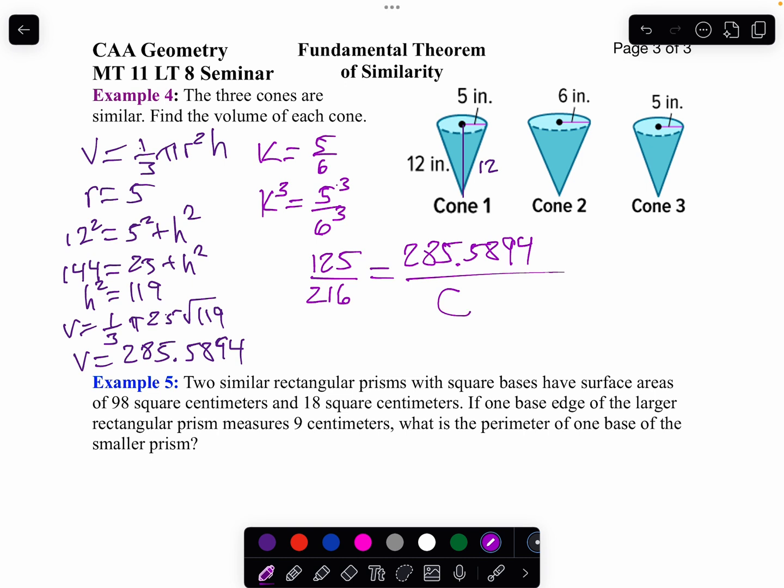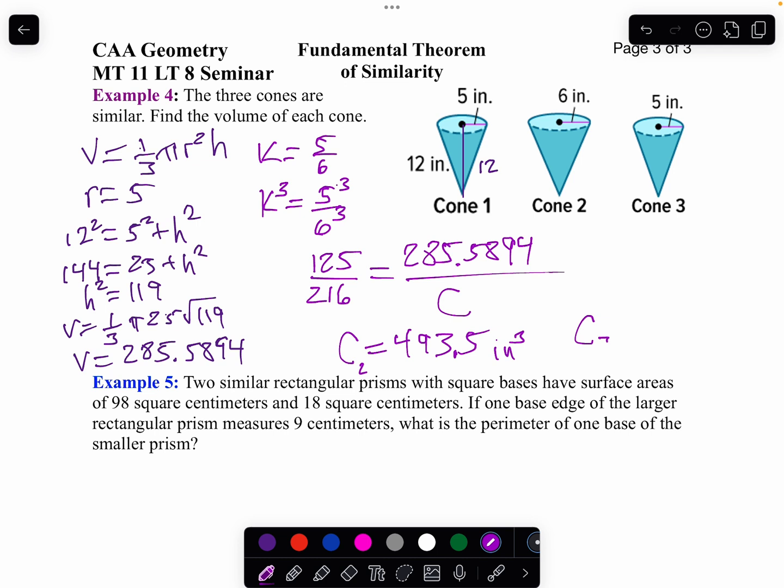So now we can cross multiply there. If I take 216 times 285.5894, and then we divide that by 125, we will get the volume of cone 2, which we'll say is 493.5, and that will be cubic inches.